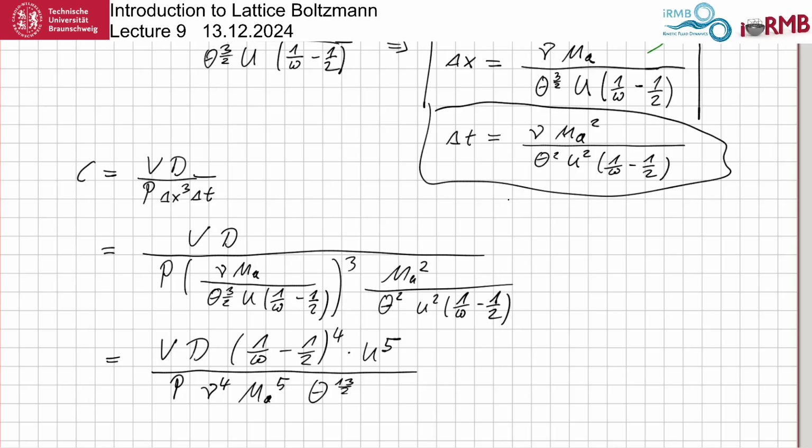So there are a few things that are constant: V, D, P, and this theta thing, and U in principle too.